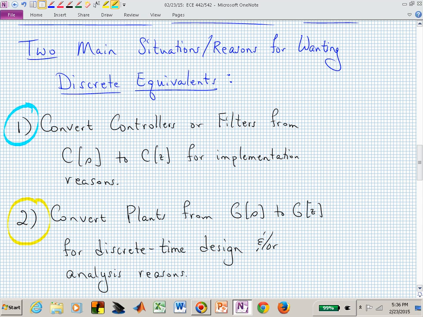The second scenario is when you have a plant that's preceded by a hold, and the combination of that hold device and the plant is why we are folding it into a hold equivalent. In this class we'll specialize that to a zero order hold.